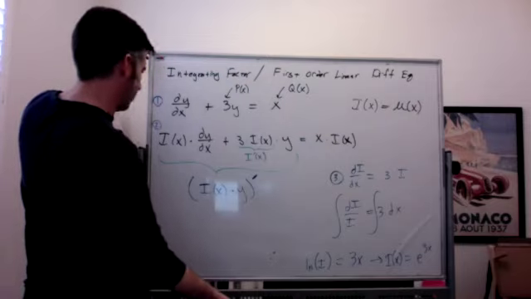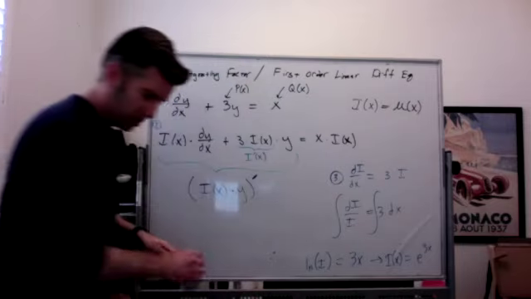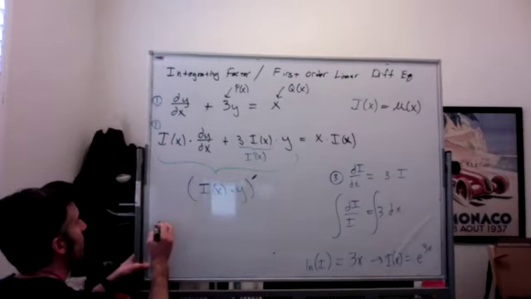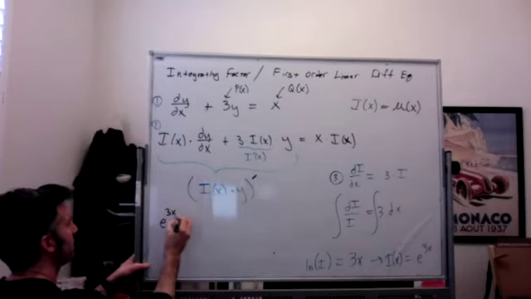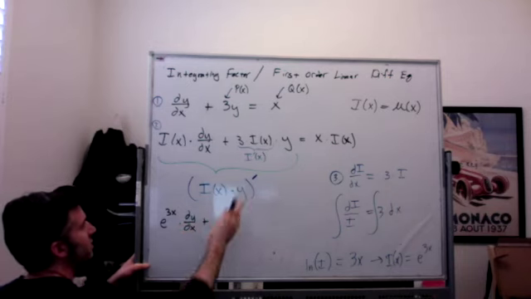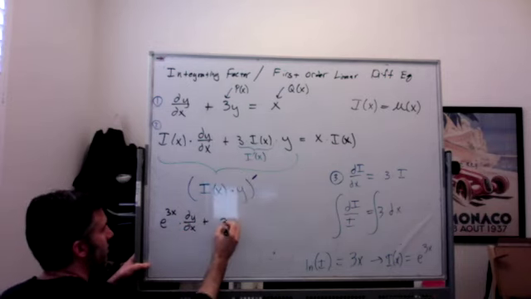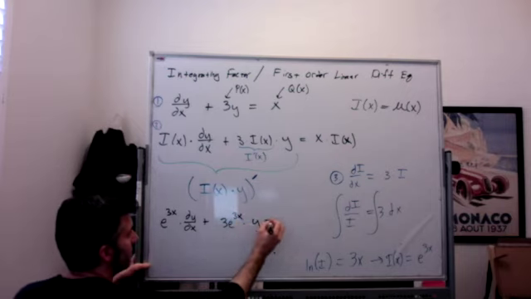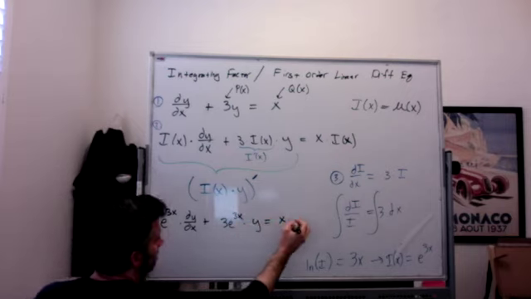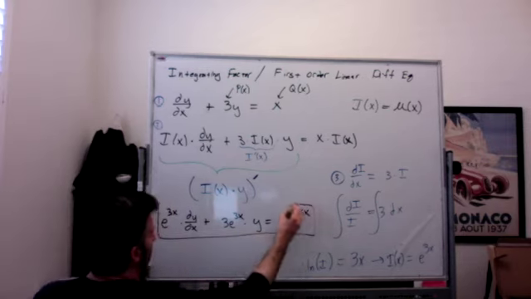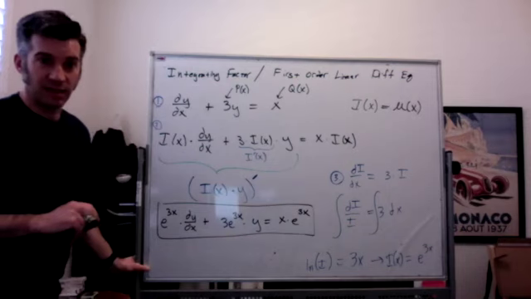Yeah, let me go to the other. Yeah, we have enough room here. So here's what we're really saying: e to the 3x times dy/dx plus 3e to the 3x times y equals x times e to the 3x. That's what we get when we multiply both sides by the integrating factor.